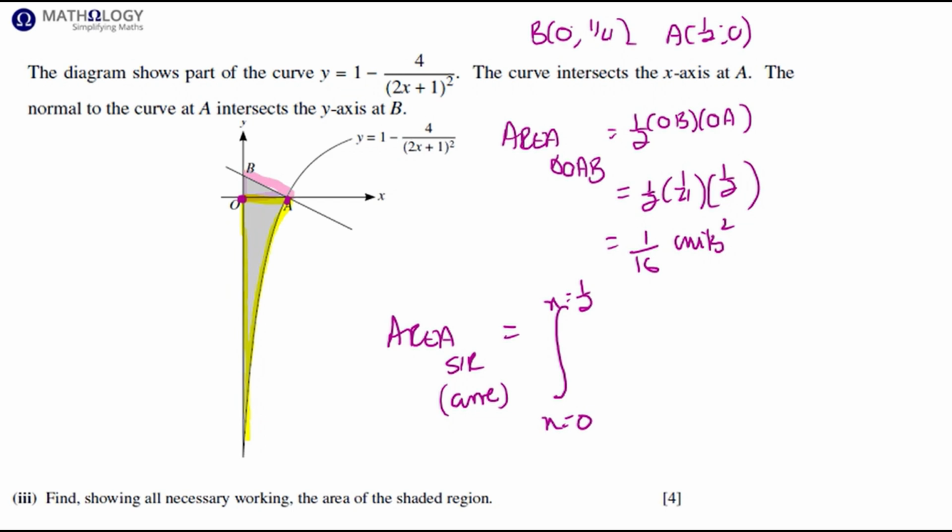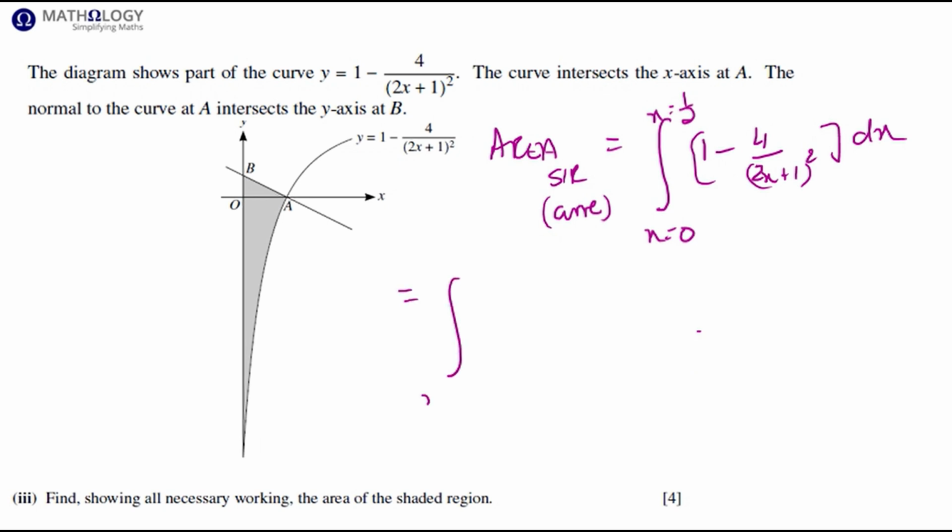And the curve that we're dealing with is 1 minus 4 over (2x plus 1) all squared, and we can integrate that with respect to x. So that equals the integral from x equals 0 to x equals a half. Just putting this into a form that we can integrate. So we can now integrate this.